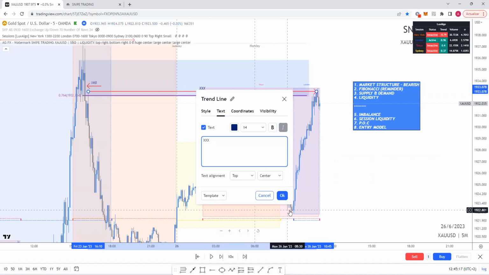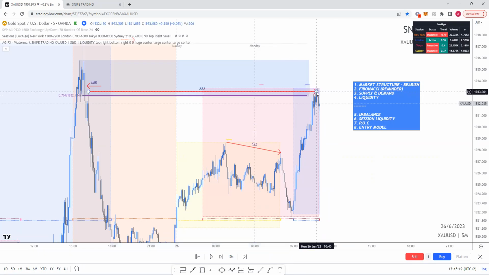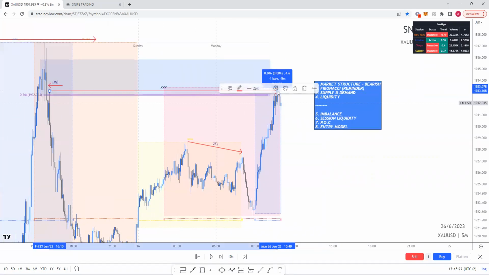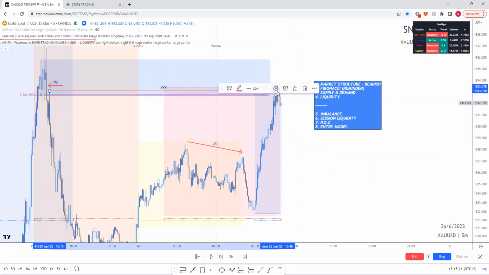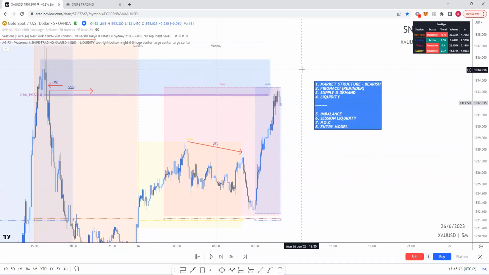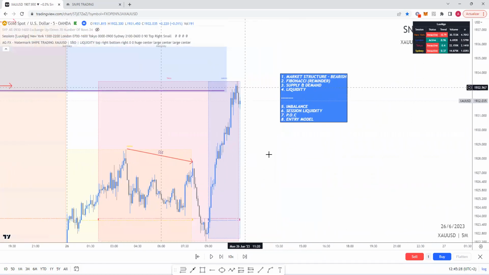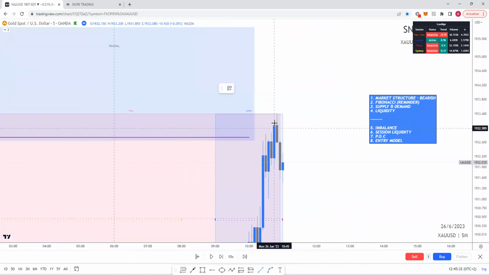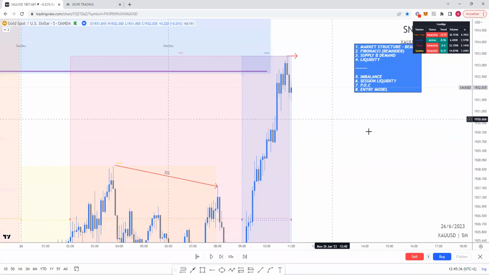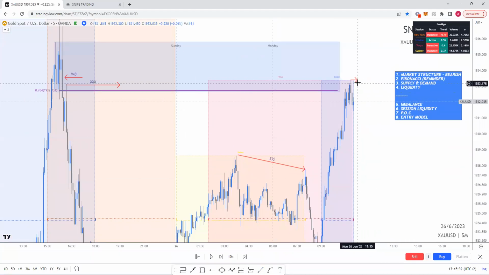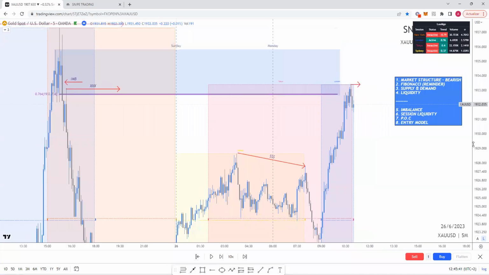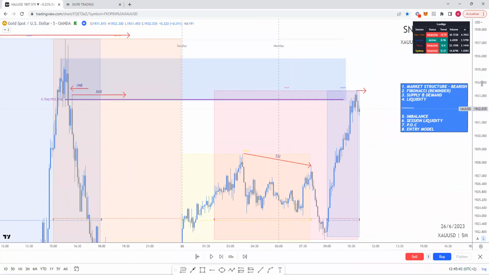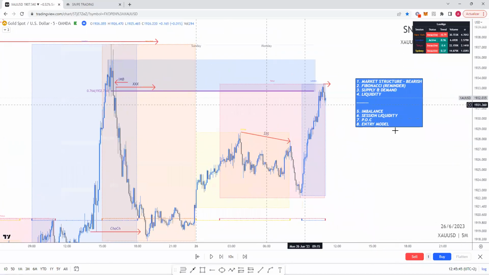Okay, so let's just mark it as an X of mitigated. And the Asian high was left right here, okay? This was the Asian high left, and price just taps it, takes it out to the exact pip and then gives the move. So this is our Asian liquidity.